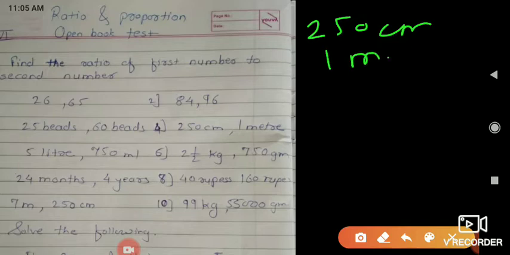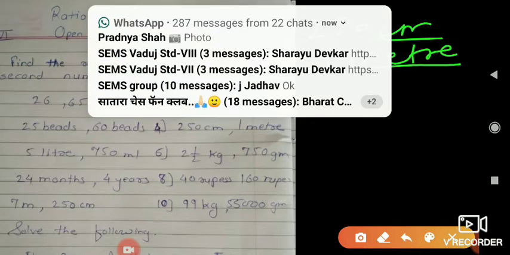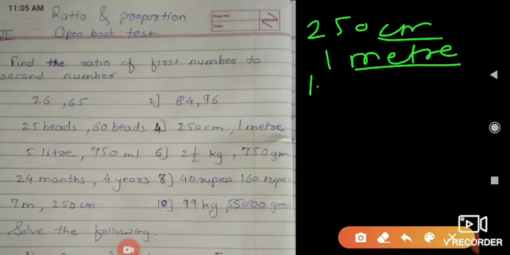As you all know, if the units are the same, then only we can find the ratio of two numbers. Here the 250 is in the unit centimeter and the other is in meter. So let's convert the meter into centimeter, otherwise centimeter into meter. It is easy to convert 1 meter into centimeter. So 1 meter is equal to how many centimeters?